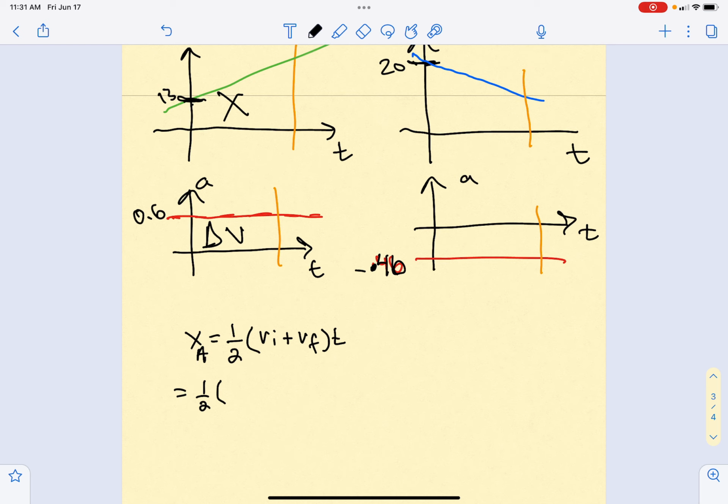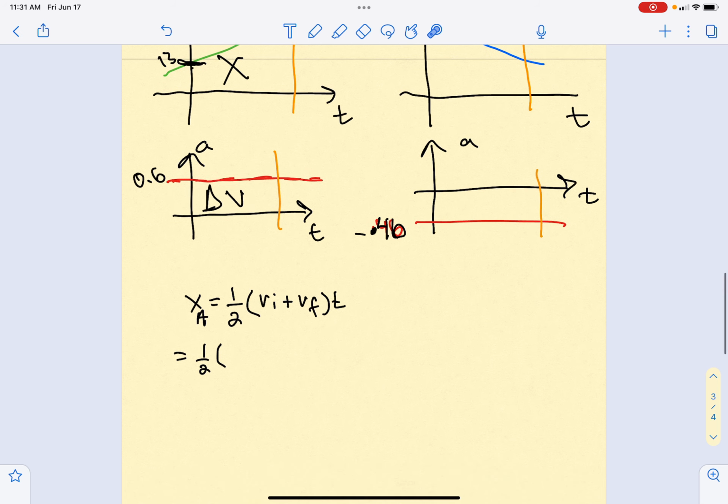In our acceleration graph, the area under the curve equals the change in the velocity. And our change in velocity is going to be equal to 0.6t.